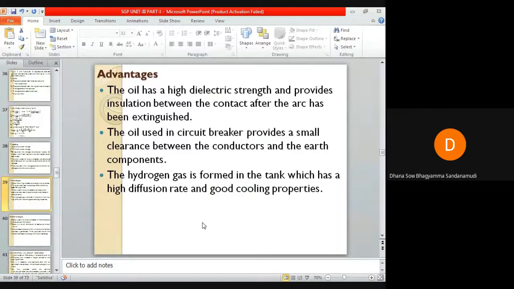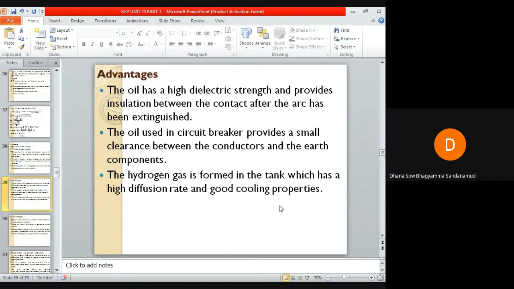So there are some advantages for this. The mineral oil that we are going to use here has high dielectric strength, and it provides insulation between the contacts after the arc has been extinguished. As soon as the arc is extinguished, the oil rushes in between the contacts, and it acts as the insulating medium between the contacts.